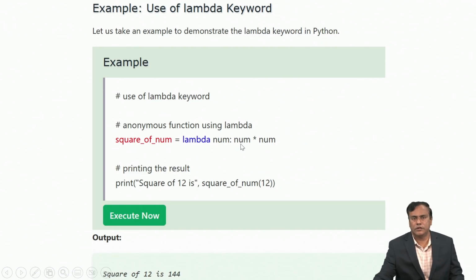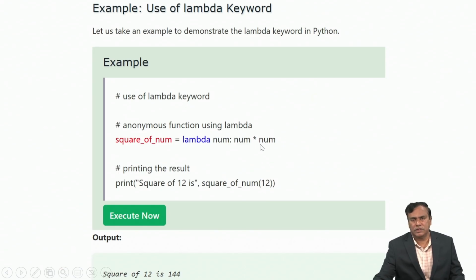If you want to find the square of some number, the keyword is lambda. After that you can have a name whose value you want to square. That name you have to use here. So I'm using the name num, because I want the square of this num.